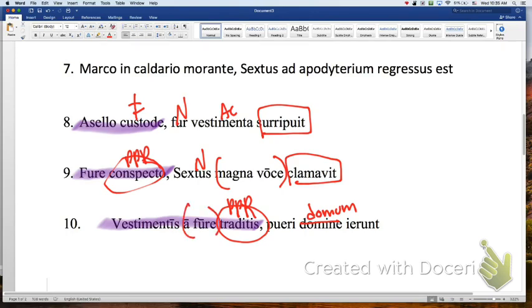Yeah, handed over by the thief. The boys went to the master. The master. Yeah. It's not supposed to be dominant.